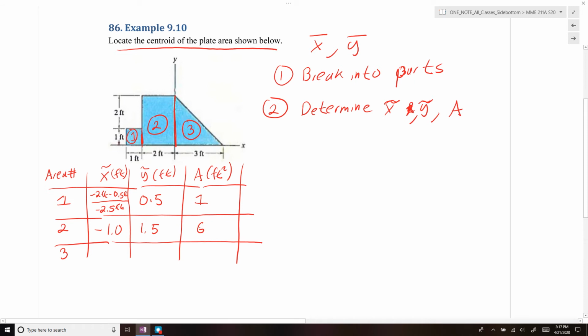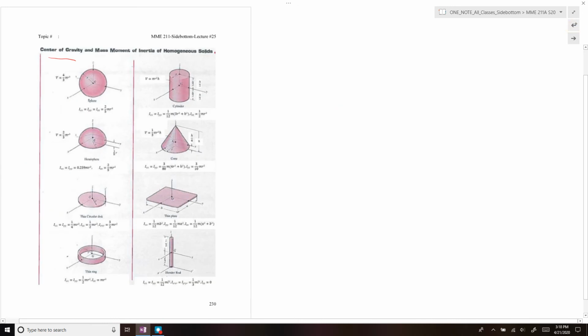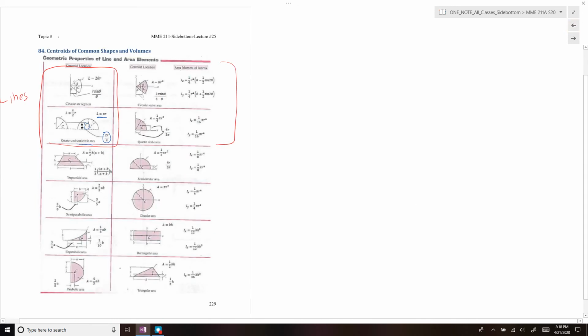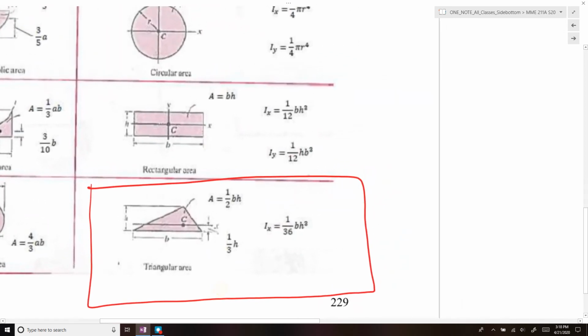And then the x tilde and y tilde for area 3, or the triangle. Triangles, their areas and centroids can be determined using this box here. This box gives you the information for a general triangle, where it gives you the 1/3 away from the base.